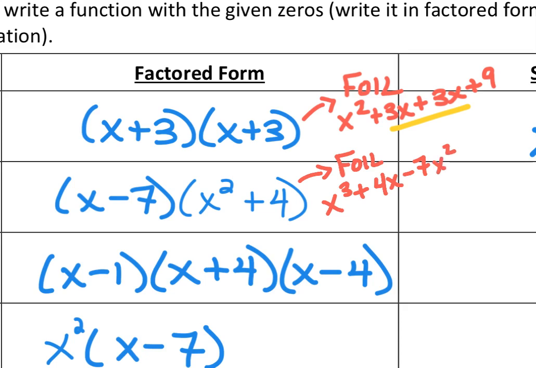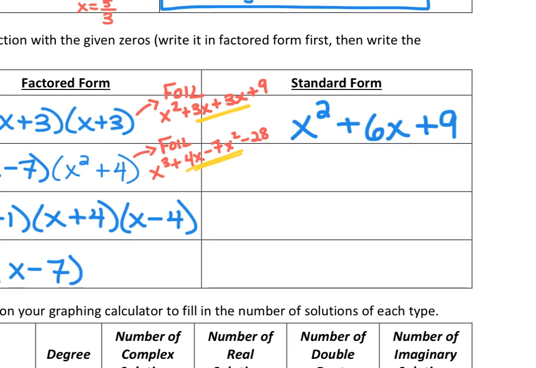And the lasts is negative 7 times 4, which is minus 28. But this is not in standard form because I have the x before the x squared. So when I rewrite the answer, I'm going to write x cubed minus 7x squared, keep that minus with the 7, plus 4x minus 28.